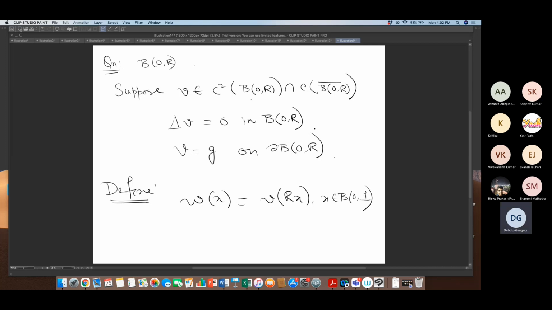Then V is defined on B(0,R). So x is in B(0,1), so Rx is in B(0,R). So the domain is well defined.